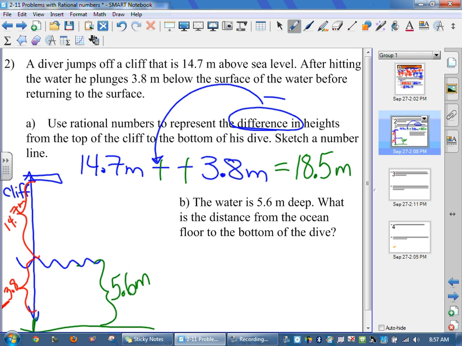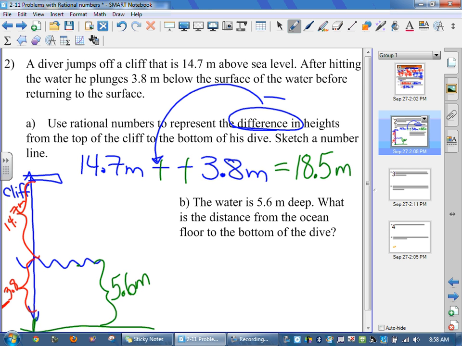Now, he didn't hit the bottom of the ocean because it says it's actually 5.6 meters below. So we want to know, it says now, what is the distance from the ocean floor to the bottom of the dive? What's the difference between the bottom of the ocean and his dive? So, how are we going to figure that out? Take 5.6 and subtract 3.8. Yes, but now 3.8 is a negative number, right?